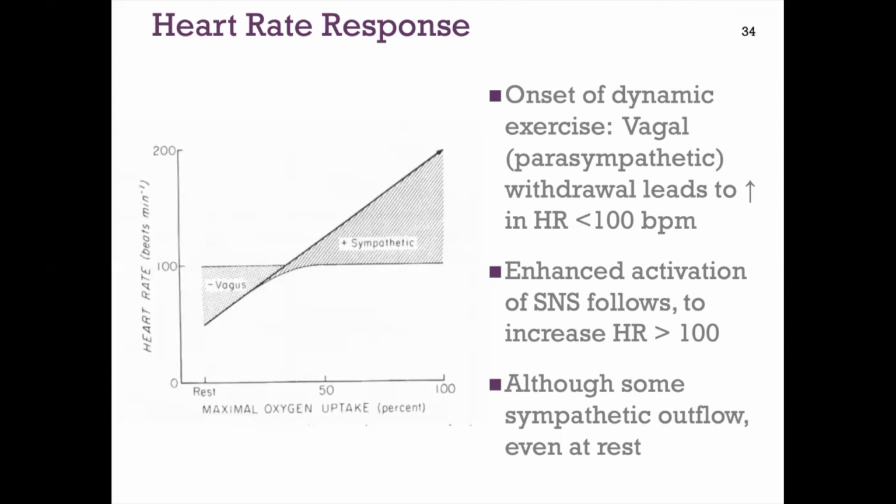So we actually withdraw that parasympathetic activity. We do what's called a vagal withdrawal, to decrease the amount that the parasympathetic system is playing in the body. And this has our heart rate increase to about 100 beats per minute.